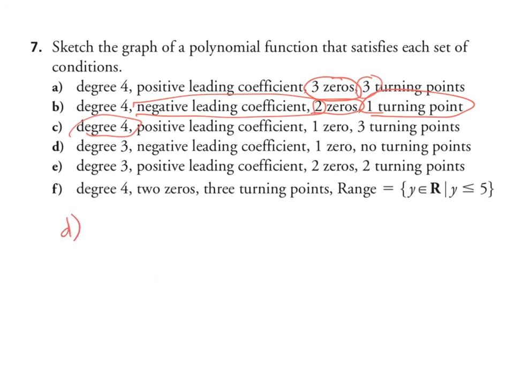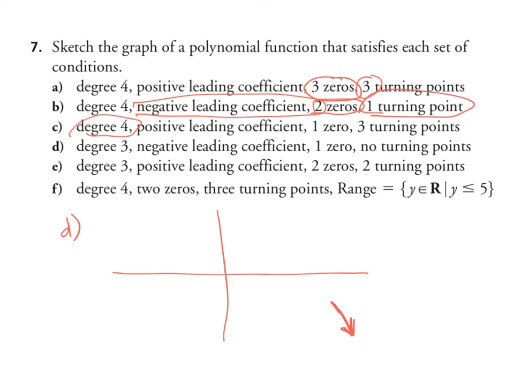Part D. Degree 3, negative leading coefficient. So it goes like this, and since it's an odd degree, it's going to end up here. So it's got to have at least 1 zero, because it's got to go through somehow. Negative leading coefficient, done with that. 1 zero. And no turning points. So it's got to go through, but it's degree 3, so it has to slow down and back up.